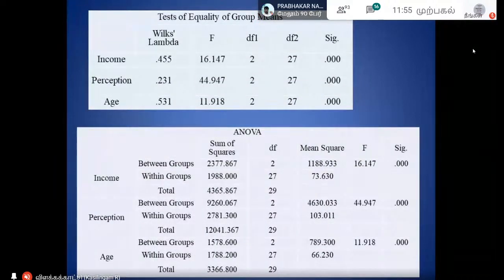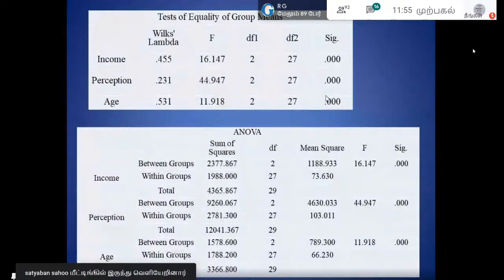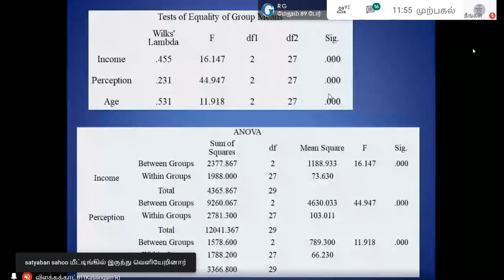These are three variables: income, perception and age. The dependent variable is that category variable. In the income, all three groups are different. In the perception, all three groups are different. Age, all three groups are different. That is before the discriminant function.